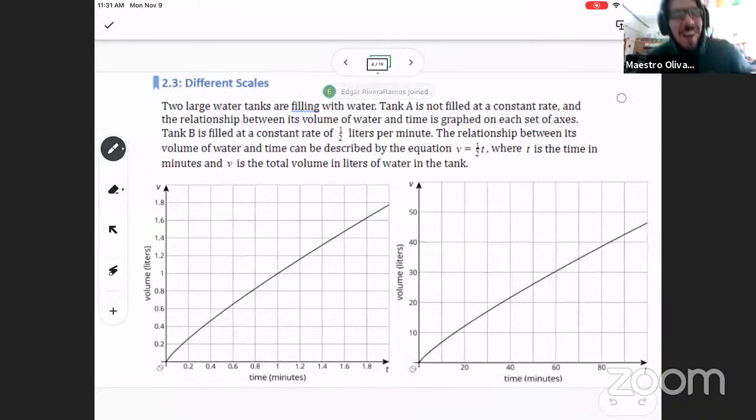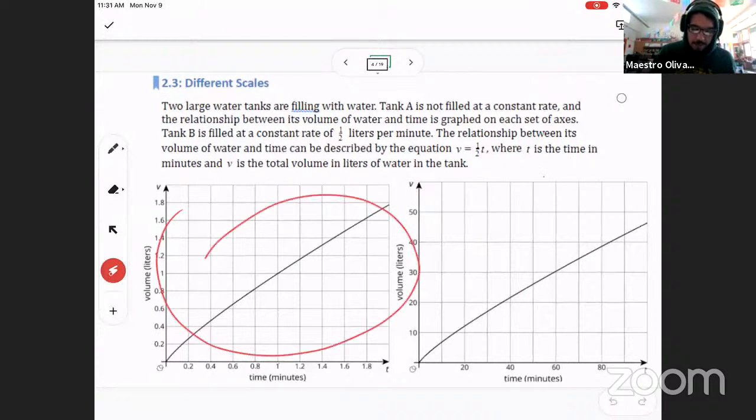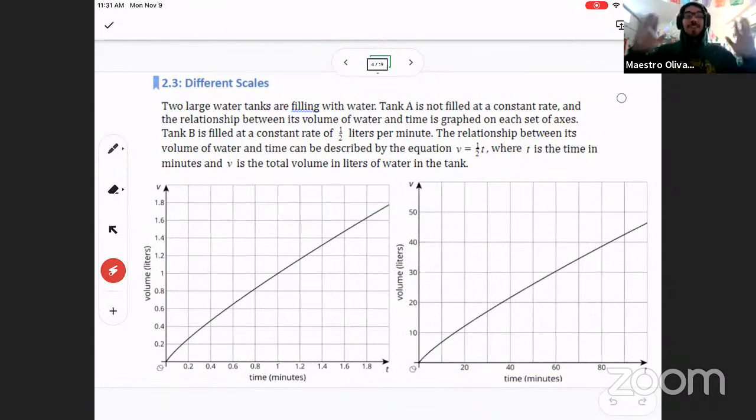Okay, so just to give you some background info on this problem, these two graphs are the same graph, except one is zoomed in more than the other one. They're both in minutes, it's the time. This is 1 minute, 2 minutes on this axis.